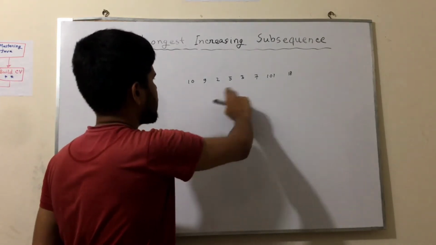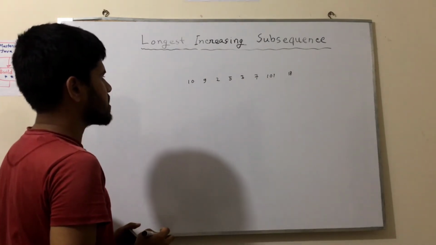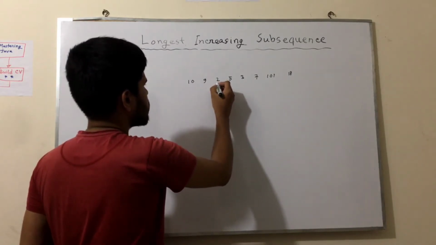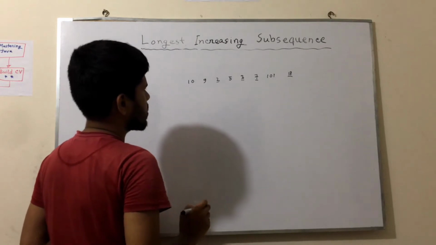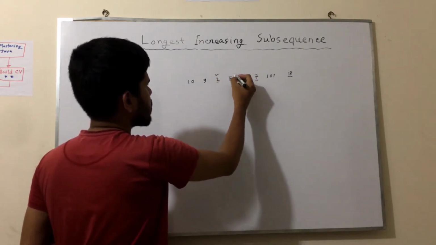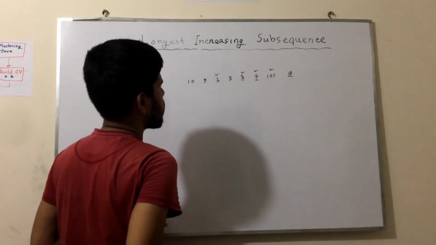In this given list of numbers, what is the longest increasing subsequence? The longest increasing subsequence is 2, 3, 7, 8. It also can be 2, 3, 7, 101.